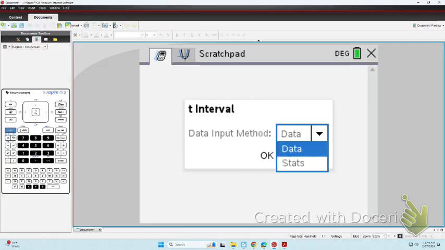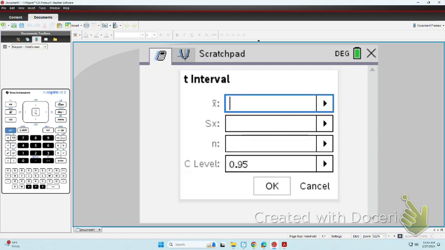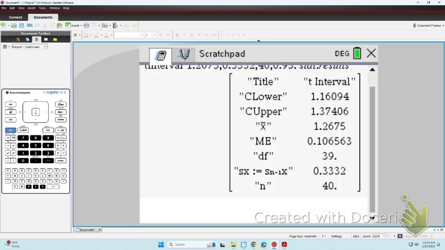So click that, pick stats, and OK. All right, we have 1.2675, 0.3332, and 40, and 95%. And you're done. There's the lower and upper.